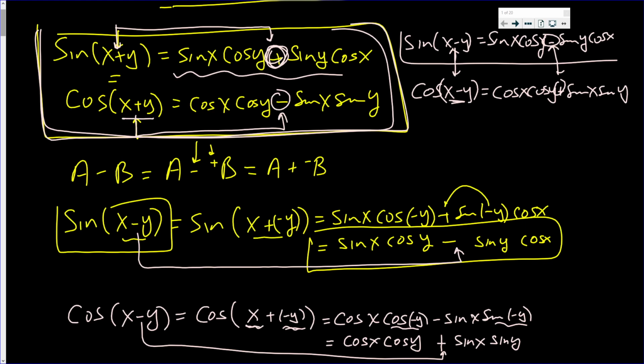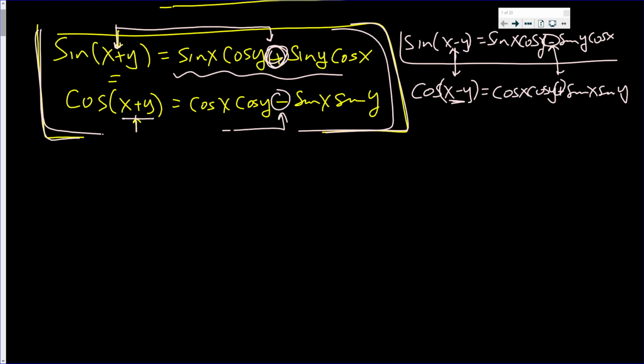Now, I like to have these two formulas in front of me, especially the ones on the left, so I can figure out what tangent is. The tangent of x plus y, there's a formula for it, but do you want to remember it?